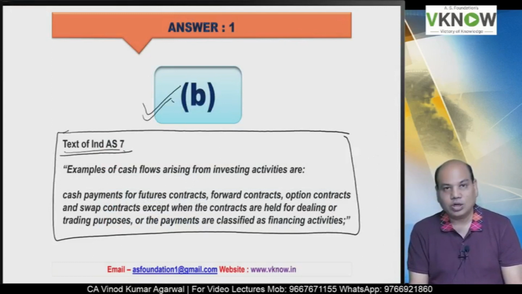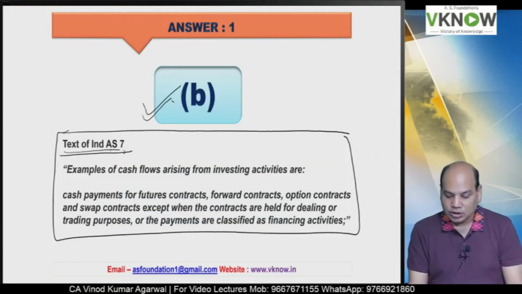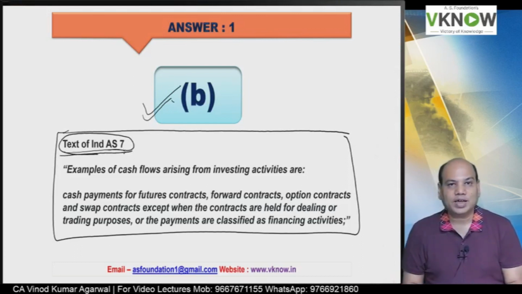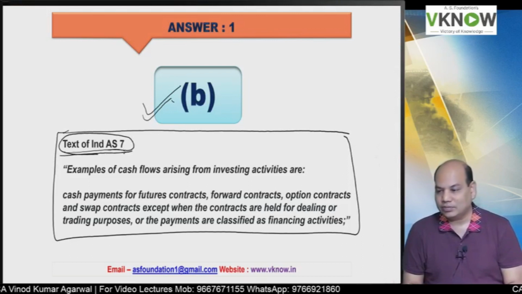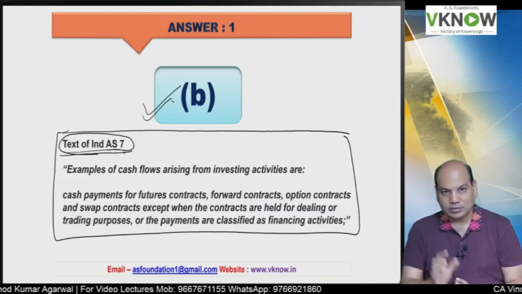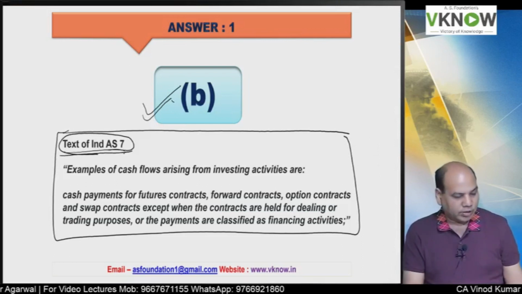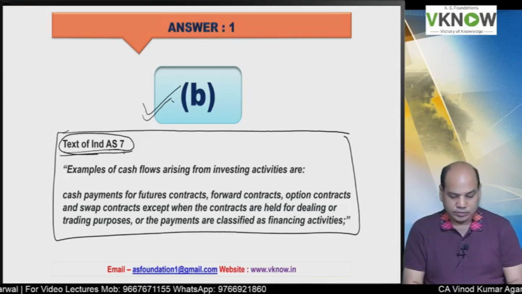As a reference, I have found the text of Ind AS 7. If you are interested, you can note it down. You can find the bare text of Ind AS 7 on the institute's website. Please note it down in the notebook or in the book, wherever you want to write.